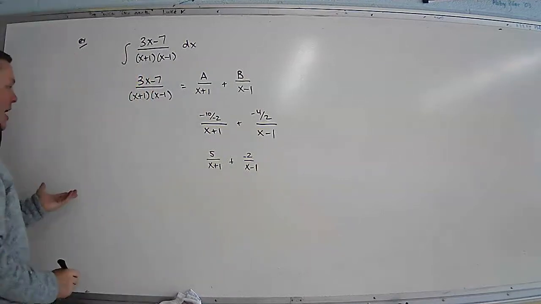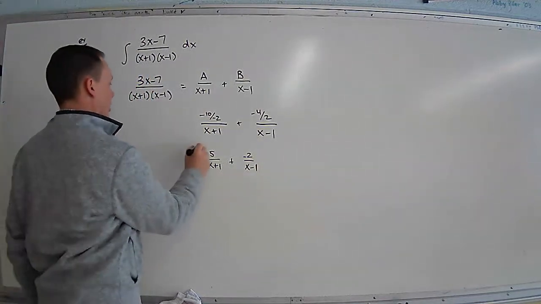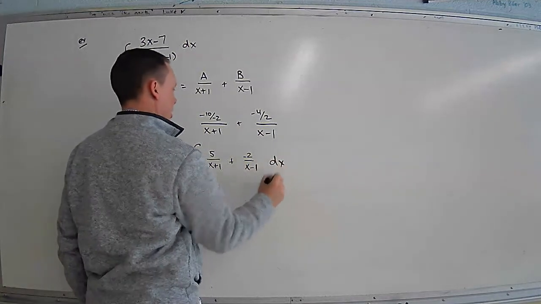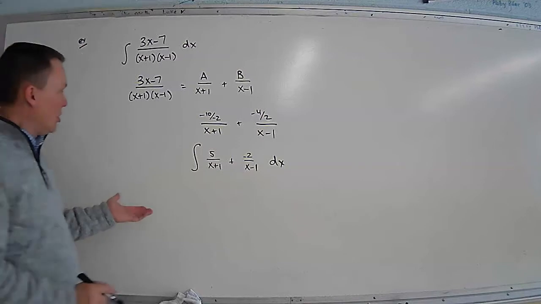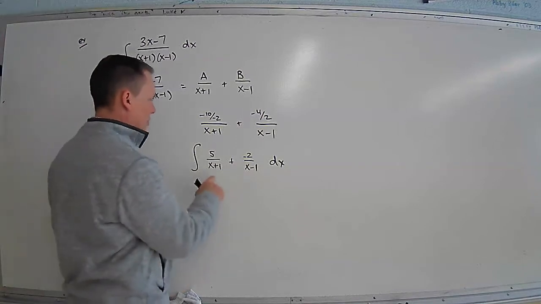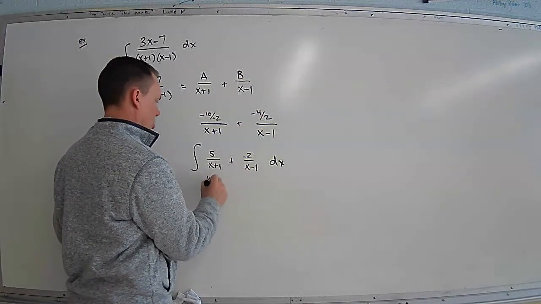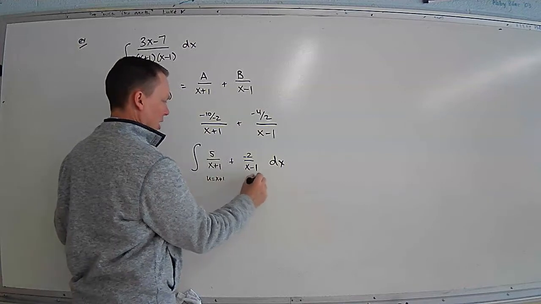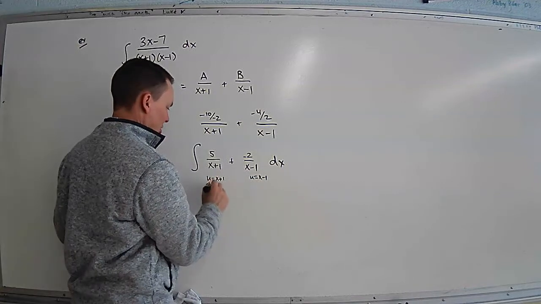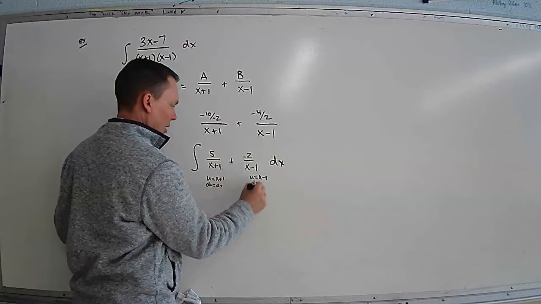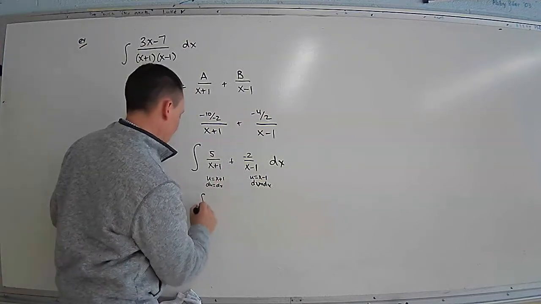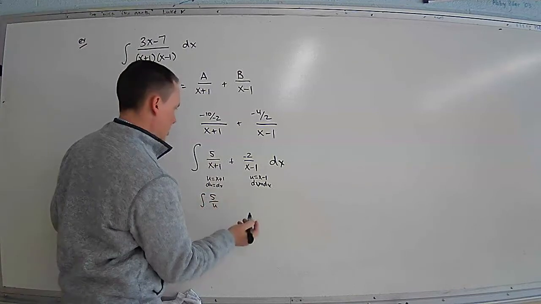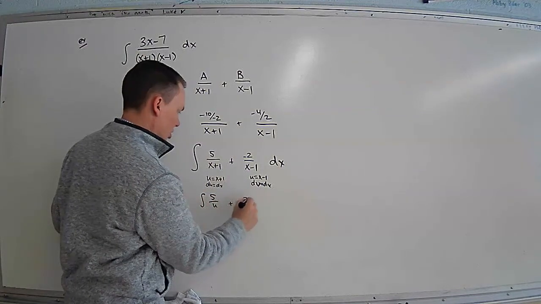Now let's find the antiderivative of this. It turns out these are both pretty easy to do. There's technically a little u substitution here. You would say u is x plus 1 and u is x minus 1, but du is just dx, so it's a pretty easy u sub. So this ends up being 5 over u and negative 2 over u.